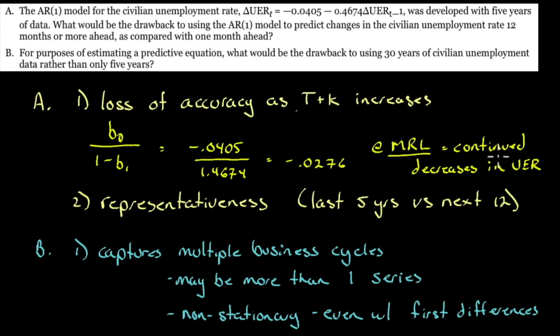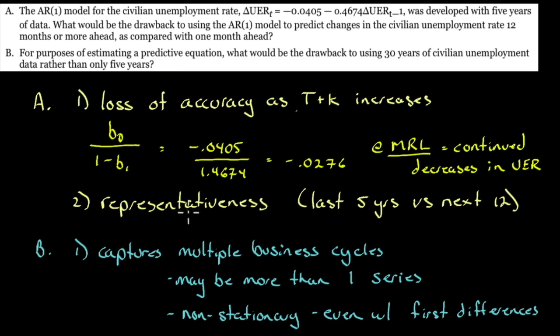So you'd be facing the prospect of continued decreases in the civilian unemployment rate, and we know that can't happen. Most advanced countries have a minimum unemployment rate of around 4%. That would be maximum employment, only because there's a certain amount of voluntary or frictional unemployment that happens all the time. Only communist countries claim 100% employment, which we know is not true.